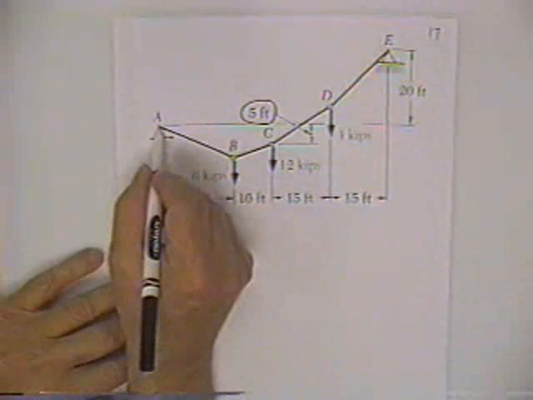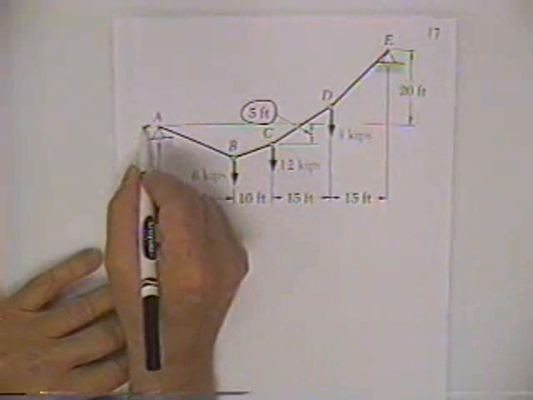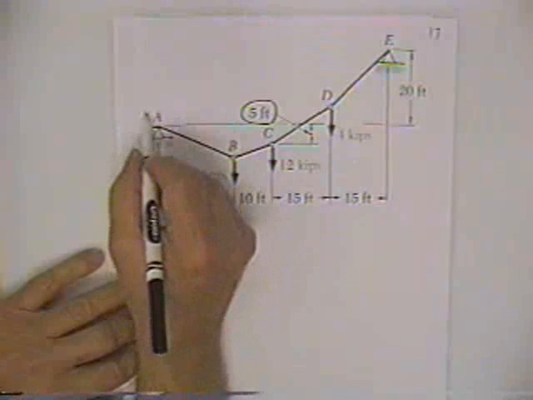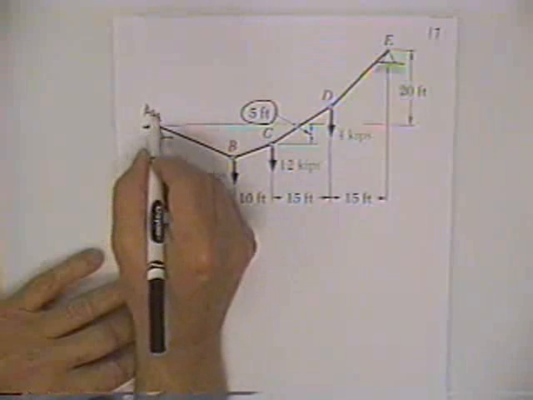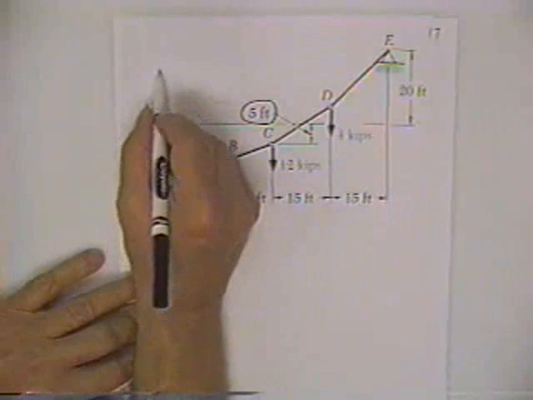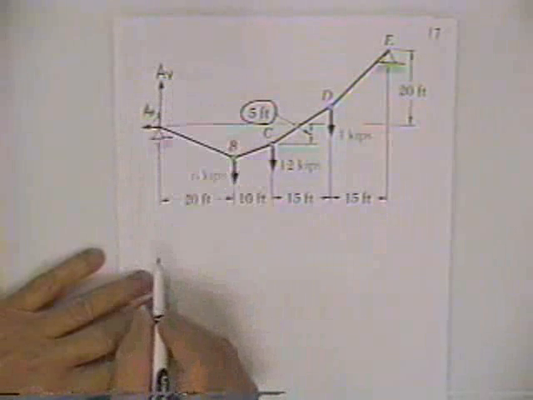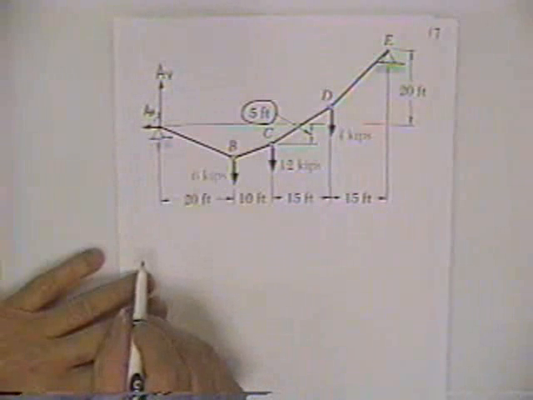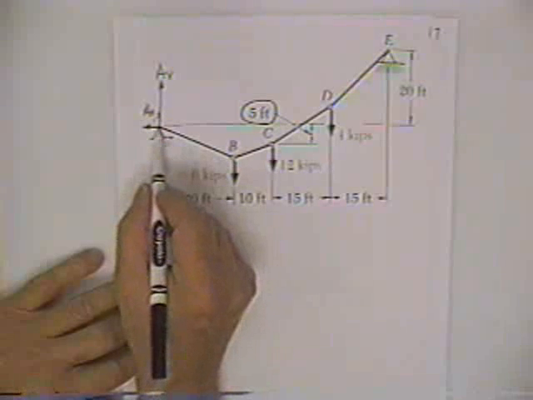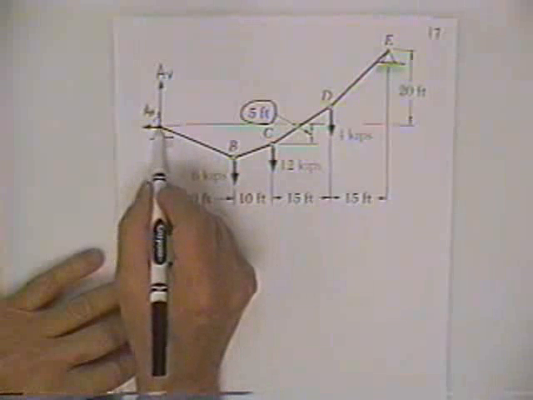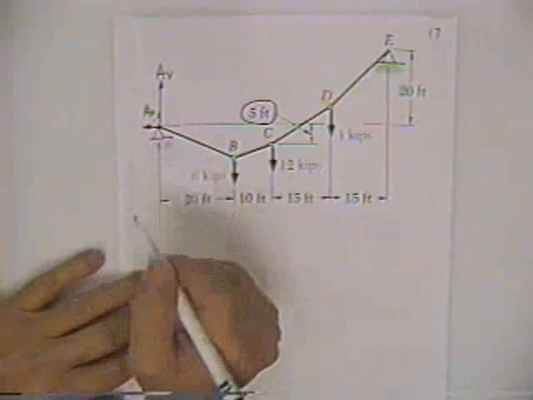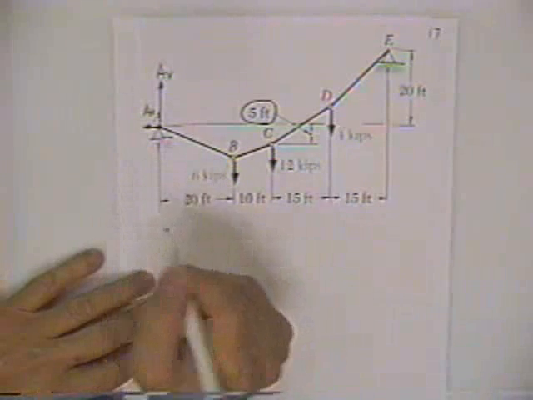But again, to make our life easy, we can break this force into two components: an A horizontal component and an A vertical component. In that case, there's really not much question which way they go. Since the cable is pulling down and to the right, the reaction will have to resist up and to the left. But there are two unknowns, and we do not know their magnitudes.